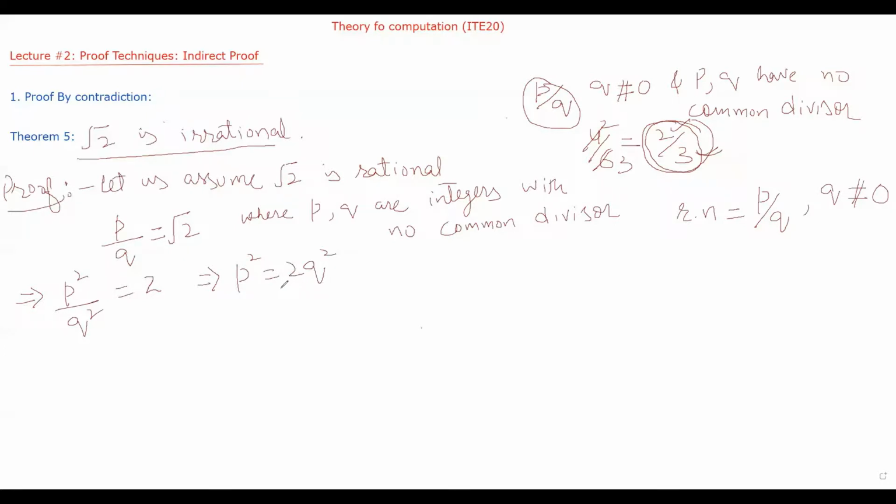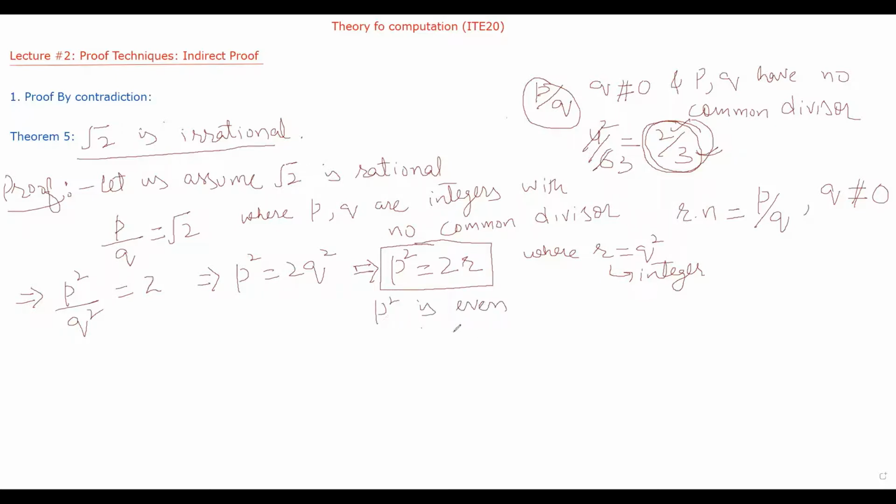So p square is equal to 2 times r, where r is equal to q square. Because q is an integer, q square will also be an integer, so r is an integer. So we have written p square is equal to 2 times r. That means p square is even.